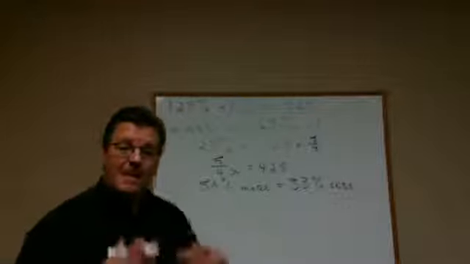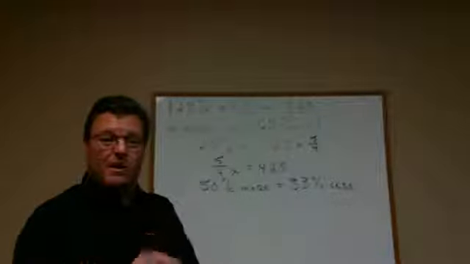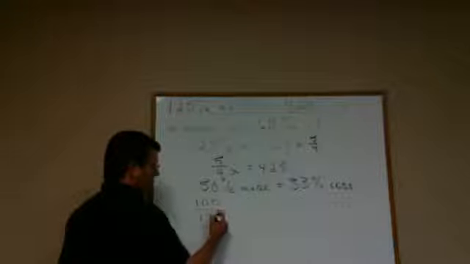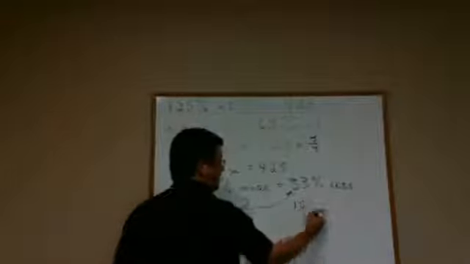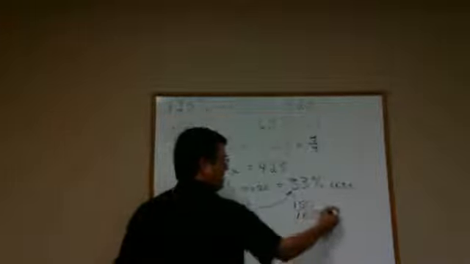But let's imagine that I have $100 and you have $150 because you're doing better than I am. If I have $100 and you have $150, then I have 2/3 the dollars you have. In other words, I have 33% less. But if I flip that around, if you have $150 and I have $100, then you have 3/2 the dollars that I have, or you have 50% more.